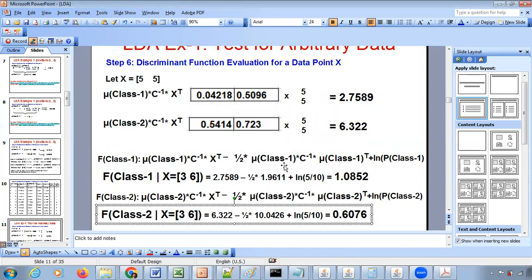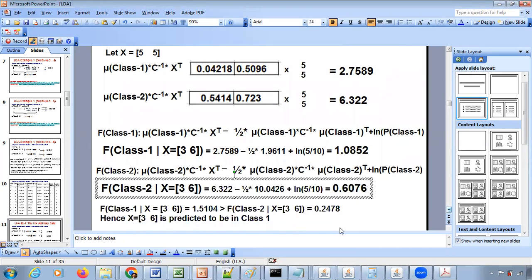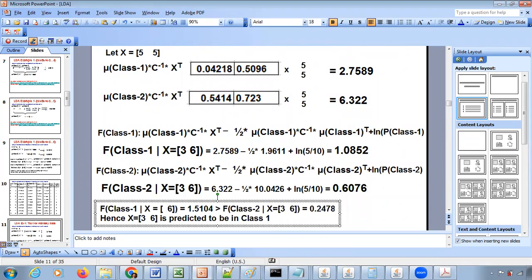So again, the F value for class 1 is larger, so we are predicting that it belongs to class 1. This 5, 5 also belongs to class 1. Its value is 1.0852.